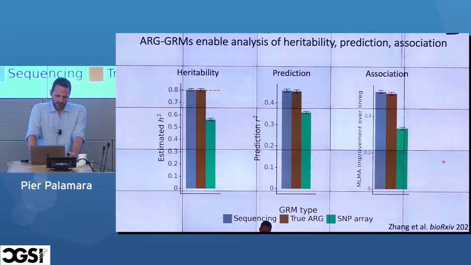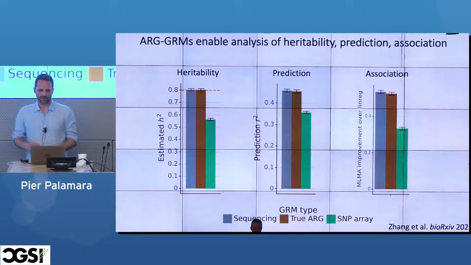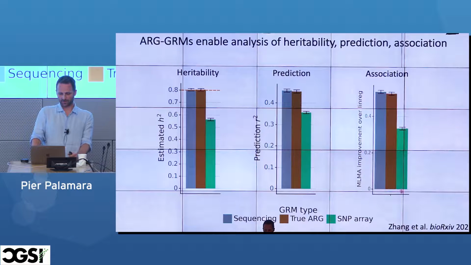Now this is a simulation to show that this approach leads to interesting observations. This is SNP data in green, sequencing data in gray, and the ARG in brown. The ARG doesn't actually use any sequence. It doesn't look at the sequencing data at all. This is the true ARG. But this is just to show that if you estimate heritability, as we know, you get a gap between SNP heritability and the true heritability you would get in sequencing.